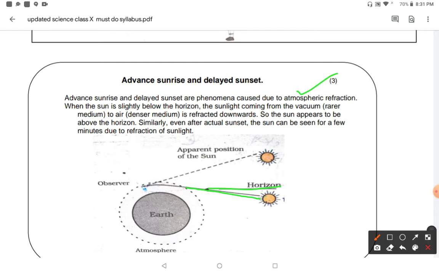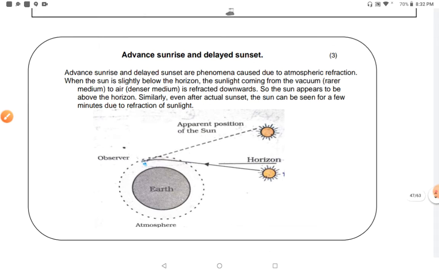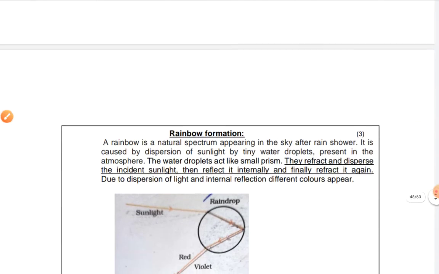The sunlight coming from the vacuum or the rarer medium to the air, the denser medium, is refracted towards the normal. So the sun appears to be above the horizon. Similarly, even after actual sunset, the sun can be seen for a few minutes due to refraction of sunlight. So this is the reason for advanced sunrise and delayed sunset.